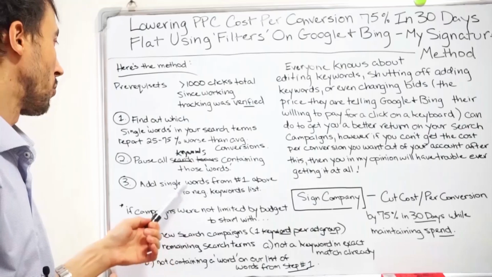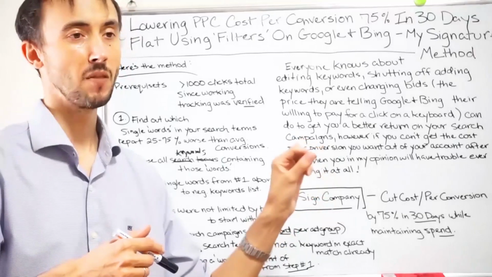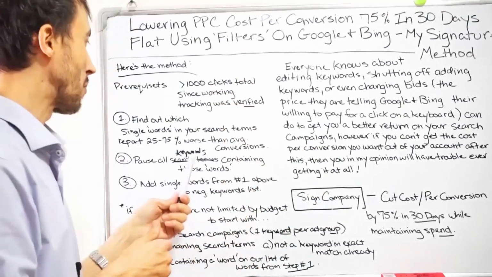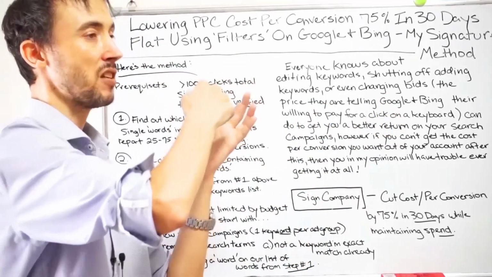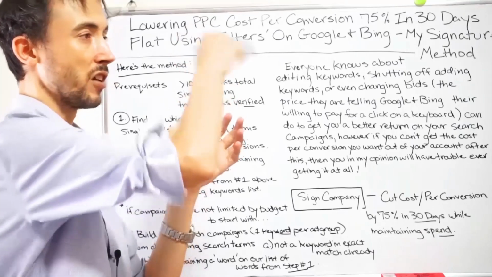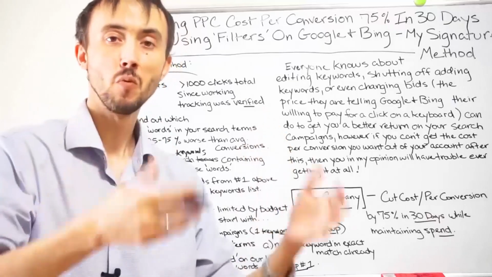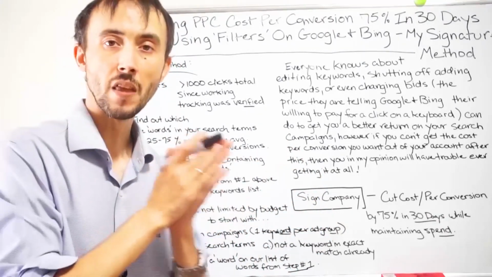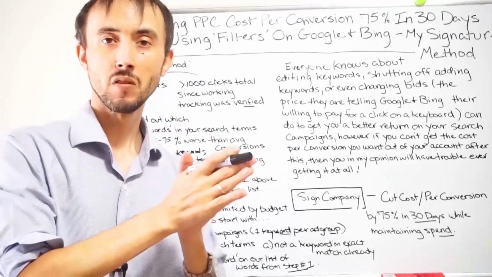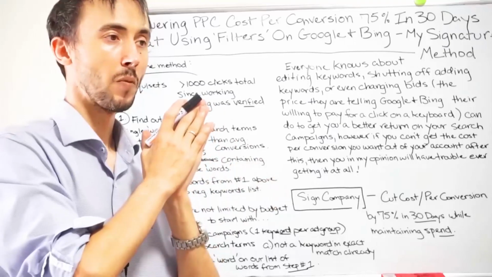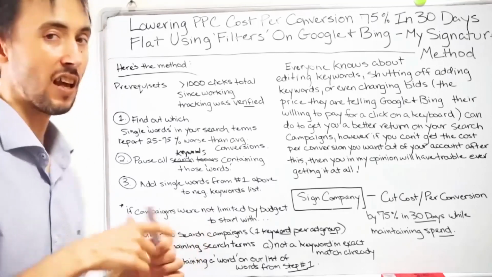So if cheap produced a cost per conversion that's too high, in addition to number two, pausing any keywords, just filter by keyword contains cheap, click all and then pause, to make sure you're blocking it out even more. From now on, you won't bid on or have your ad show up for any search terms, what users type in to find your ads, by adding cheap now as a negative keyword.